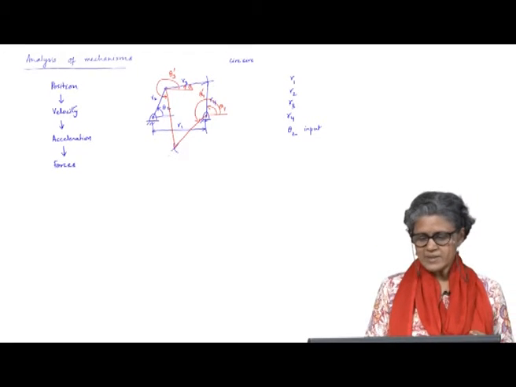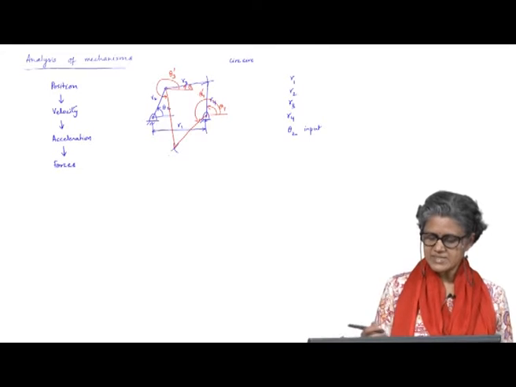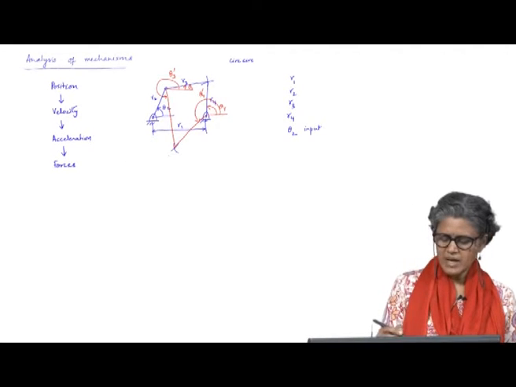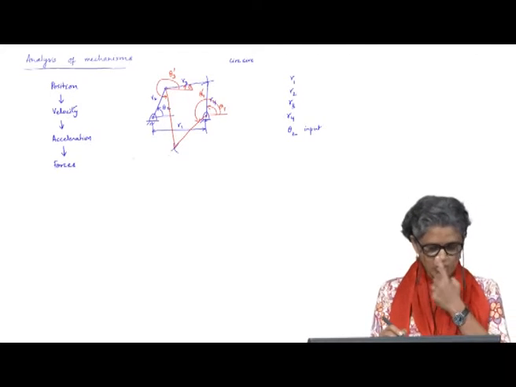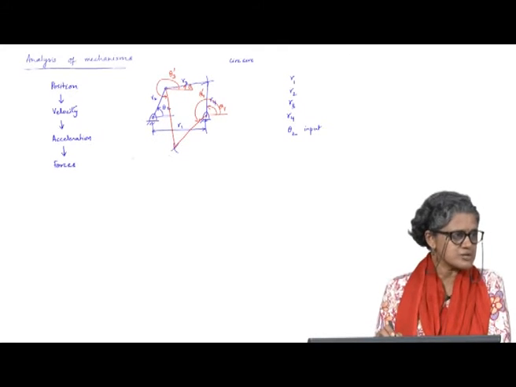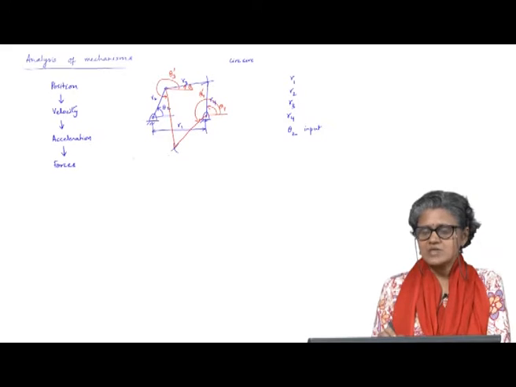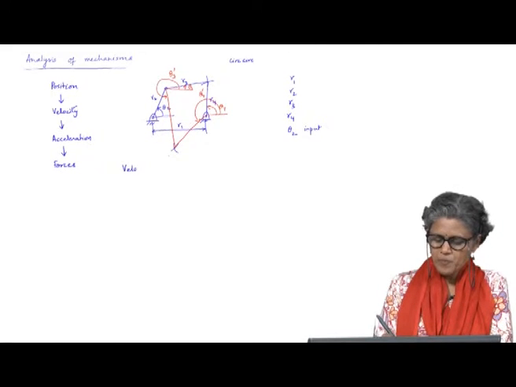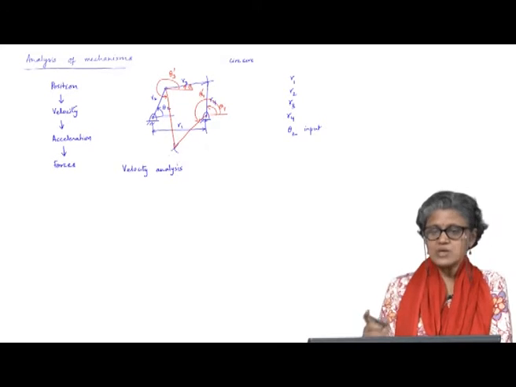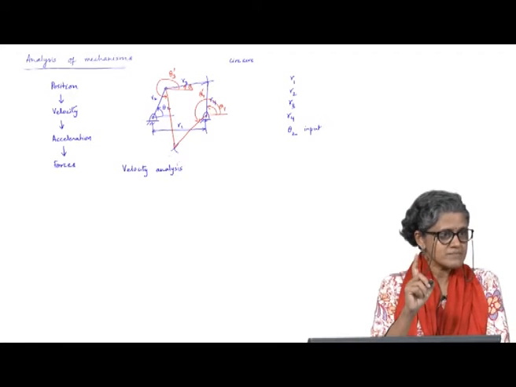So, we will look at velocity analysis today, and velocity analysis really looks at the concept of relative motion. When you talk about velocities, again if it is a 1 degree of freedom mechanism, you need one input velocity.